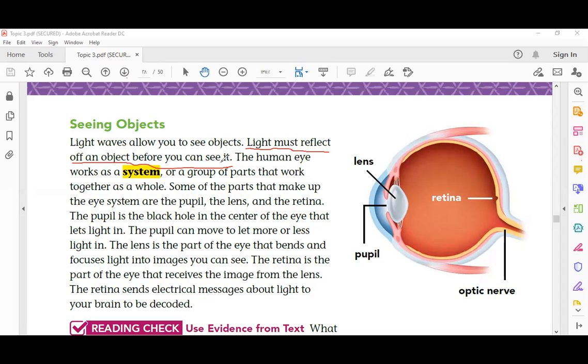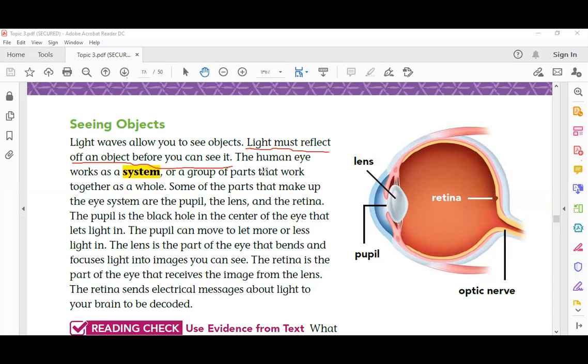Suppose that this object does not reflect the light, so you can't see this object because your eyes cannot receive light from this object. So the first thing you have to know is that when you see anything around you, light is reflected from that object.